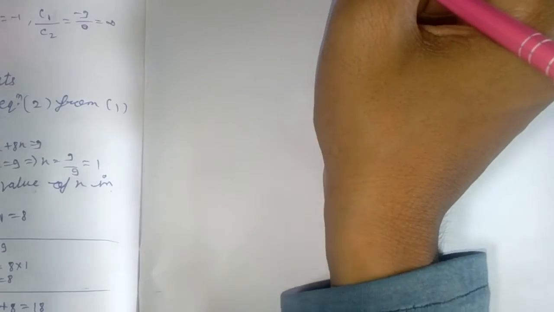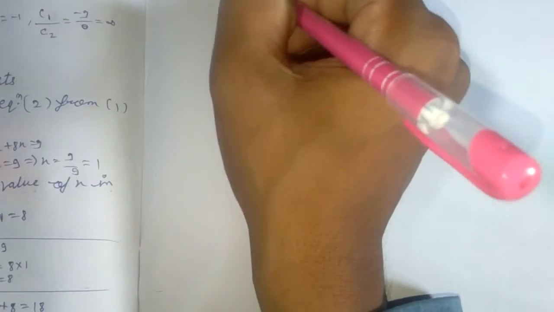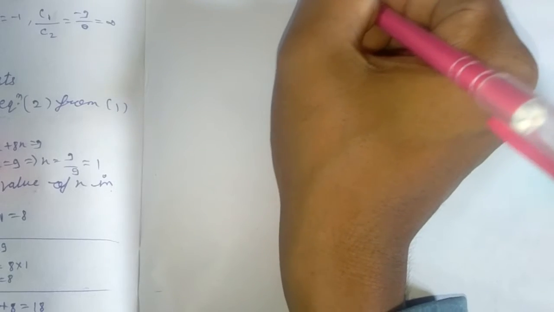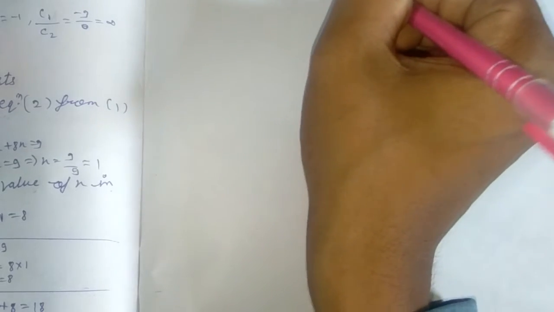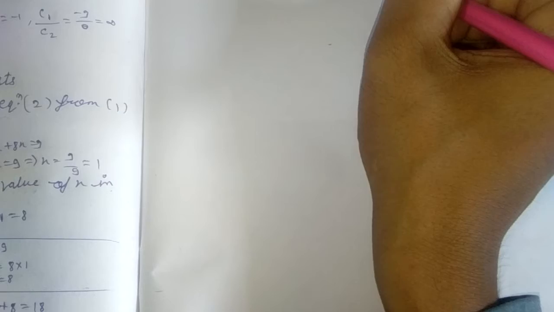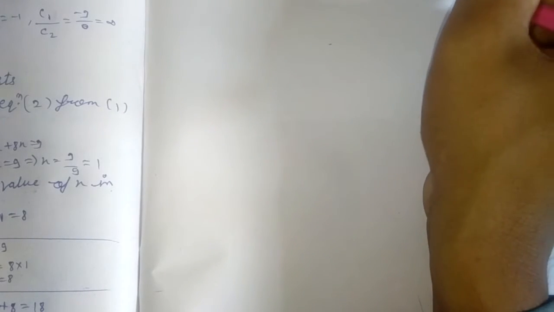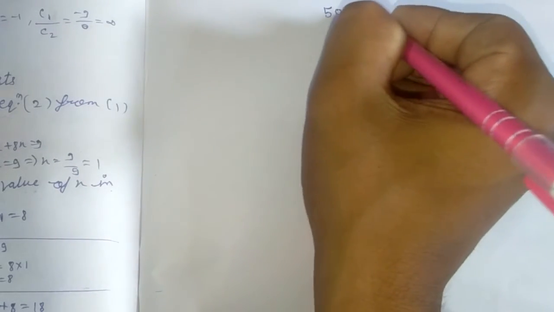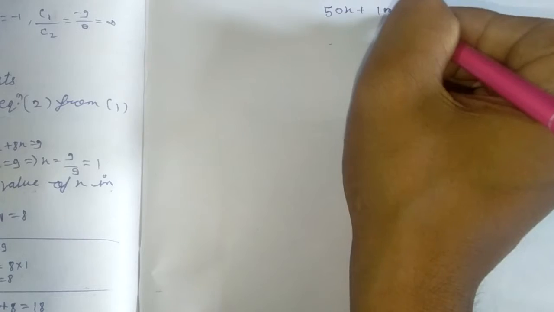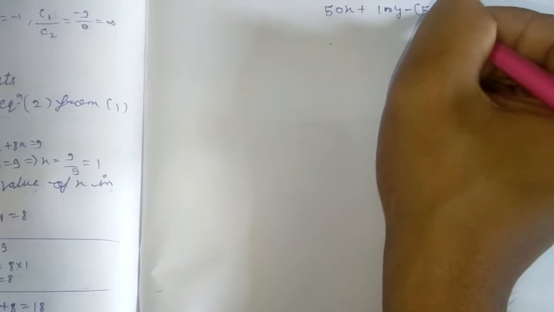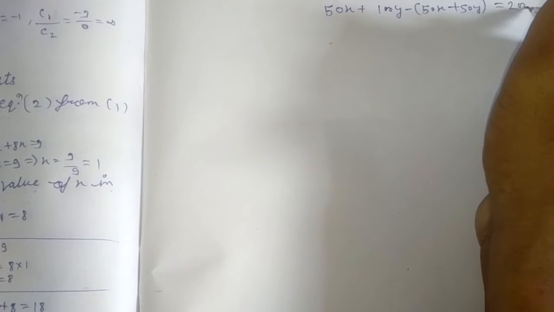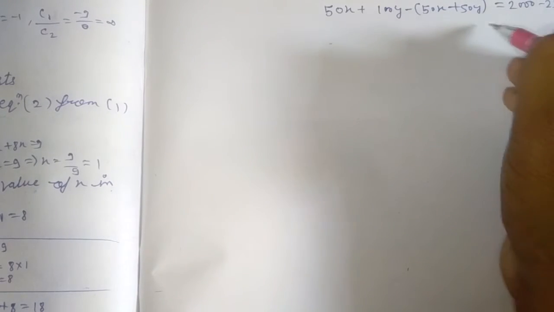Okay, so on subtracting equation 3 from 1, we get 50x plus 100y minus 50x plus 2y is equal to 250.